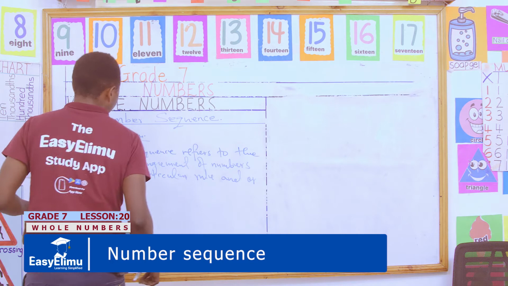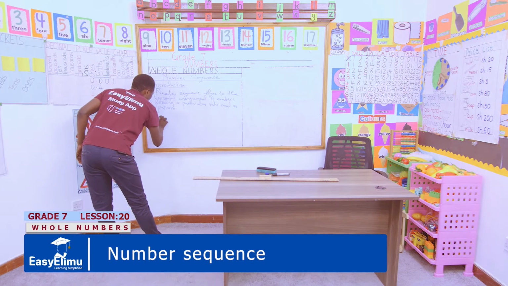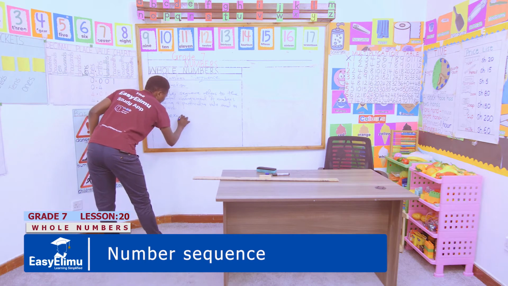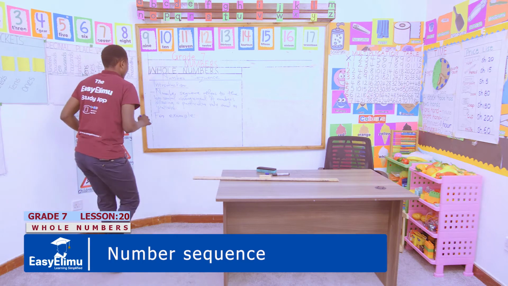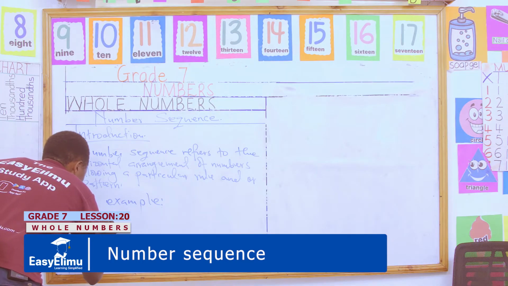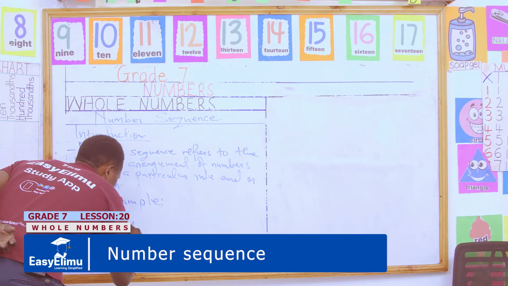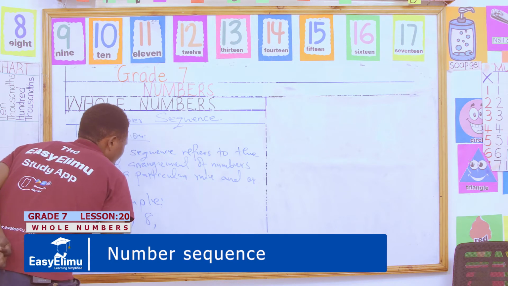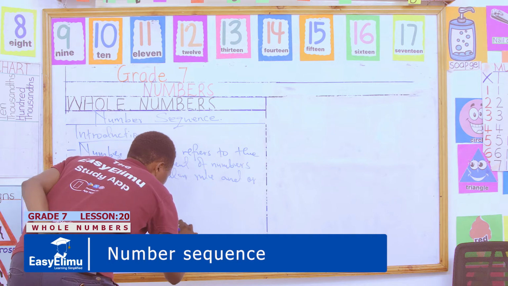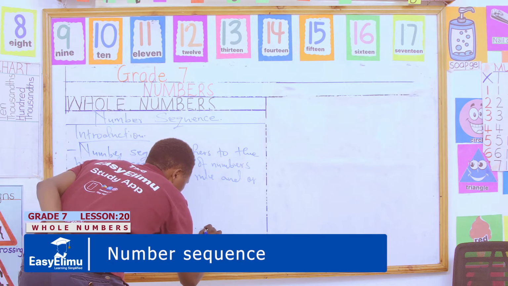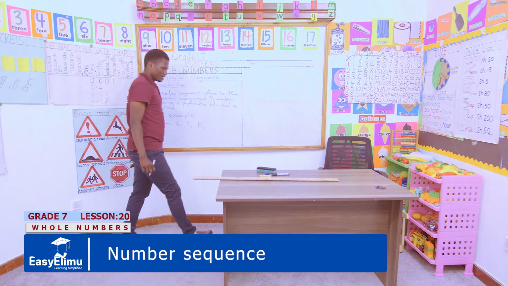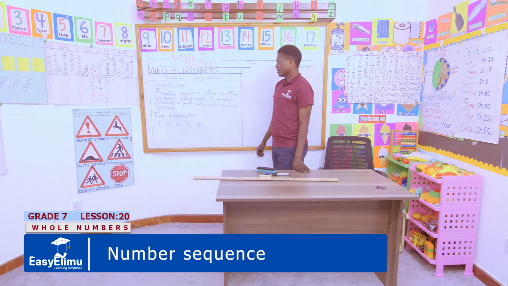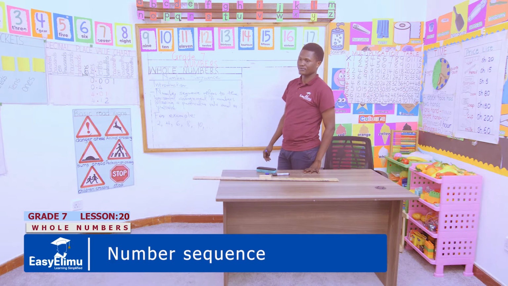For example, I can come up with a number sequence like this: 2, 4, 6, 8, 10, like that. Who can tell us the pattern that I'm following here with my number sequence?